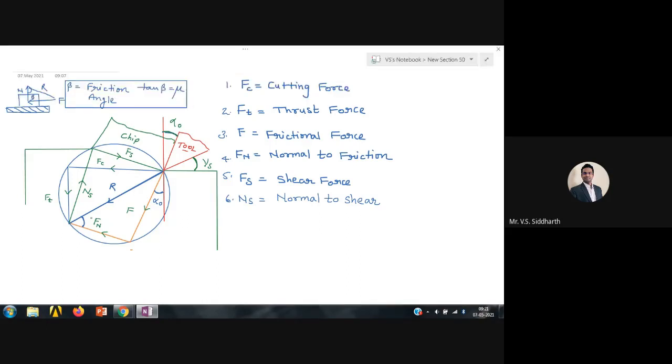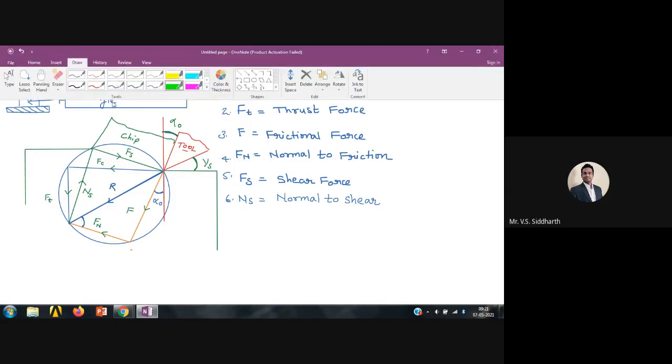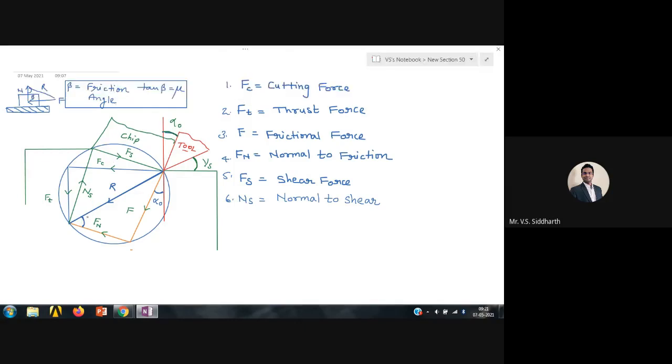So this angle will be what? This is the resultant. This is the normal. So the angle between them will be beta only. If this angle is beta, now what will be this angle? Tell me quickly.